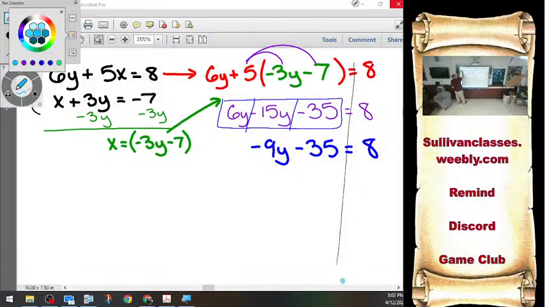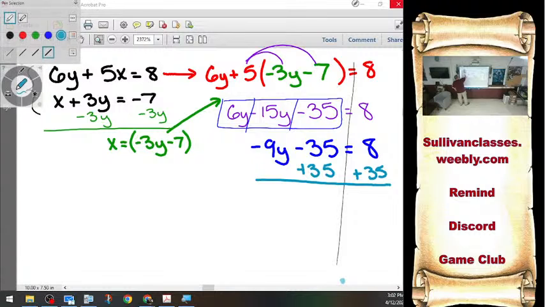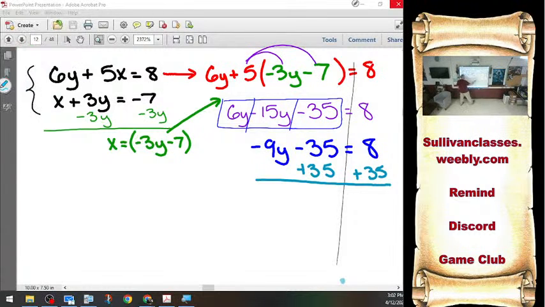I don't care what you move, just move something. Or in this case, play the Who's Lonely game, because there's only an 8 on that side. I add 35 to both sides. Zeroes out. Negative 9y is now 43.